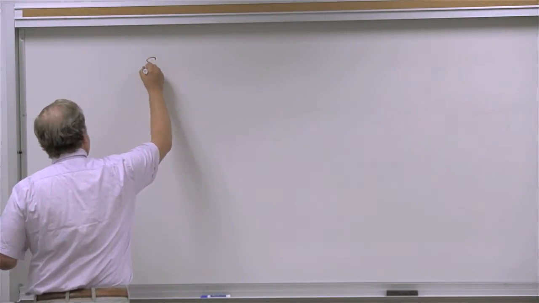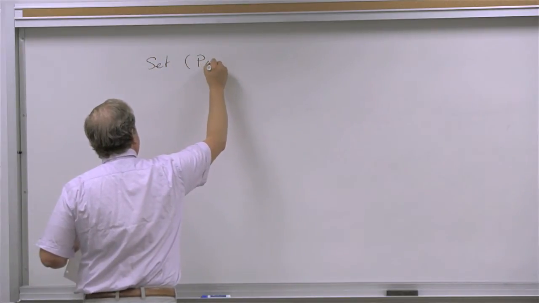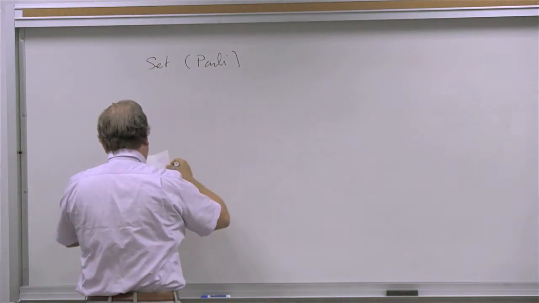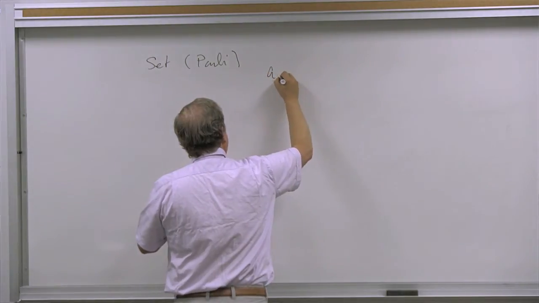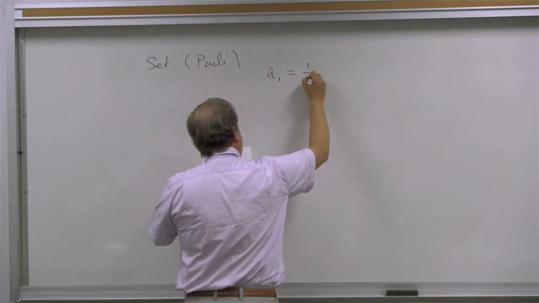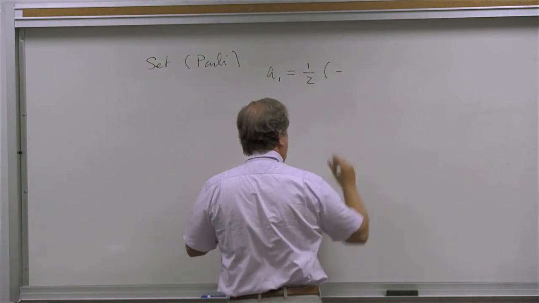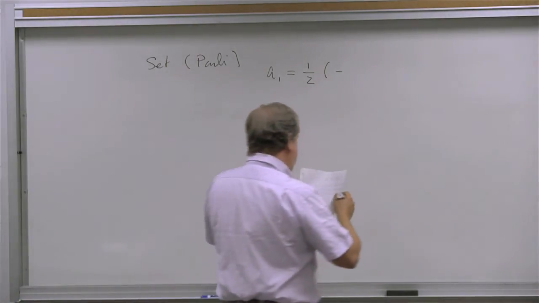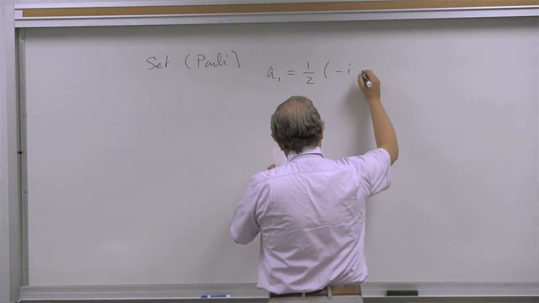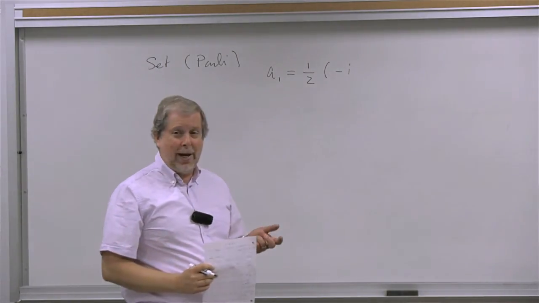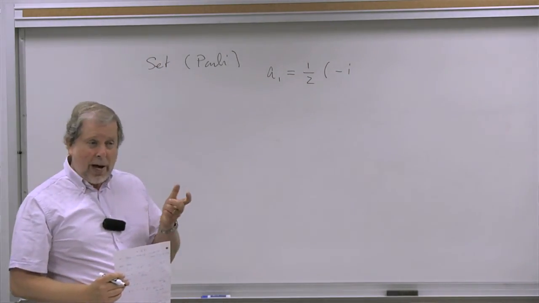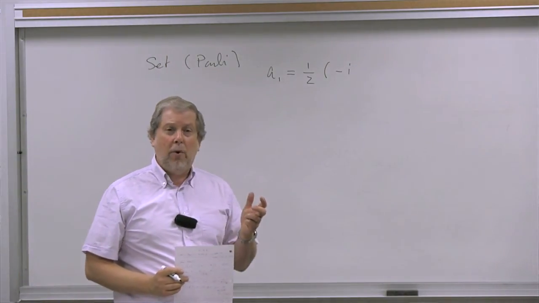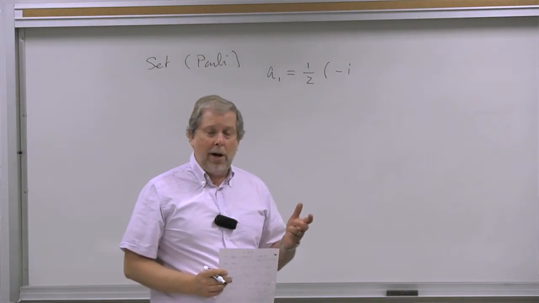Let me set A1 to be 1/2 minus i... this is a lot of trial and error, as you can imagine. So try some linear combination. Of course, it always helps to know what the answer should be, because you have to get back an angular momentum somewhere, because that's how you're going to get spin 1/2 and spin 1.